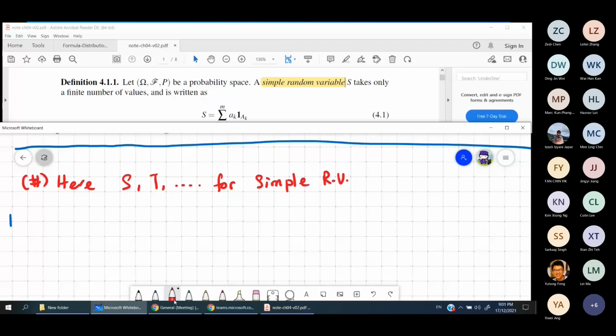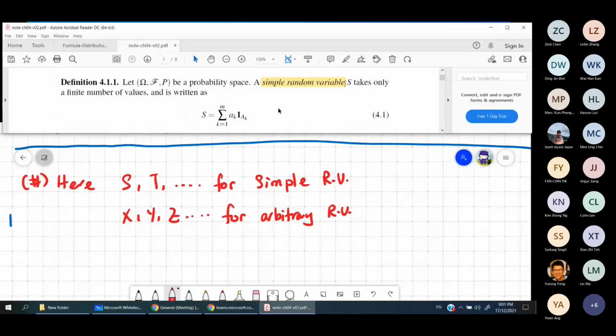I try to distinguish, and I reserve X, Y, Z for any kind of random variable. So when I put S, at least you have some idea we are talking about simple random variable. When I put X, then I want you to immediately link that this X might not be a simple random variable. All right, I try to do it in this way.